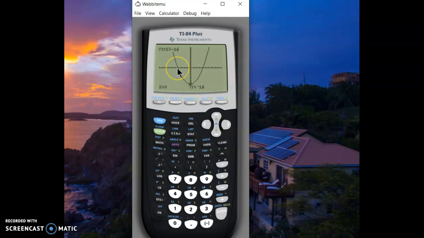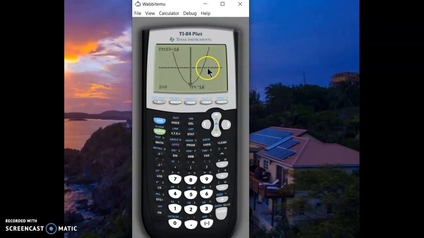Now let's go after the zeros, if you will, where the output y is 0 for what value of x? Now if you know how to factor this equation, you may guess that these values are 4 and negative 4.